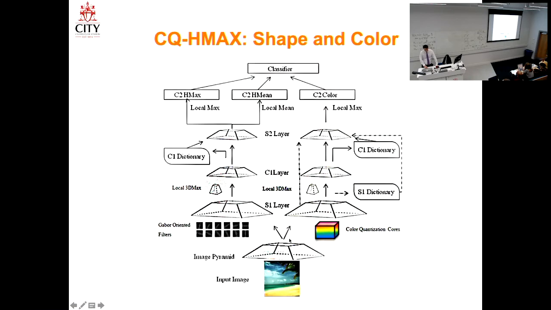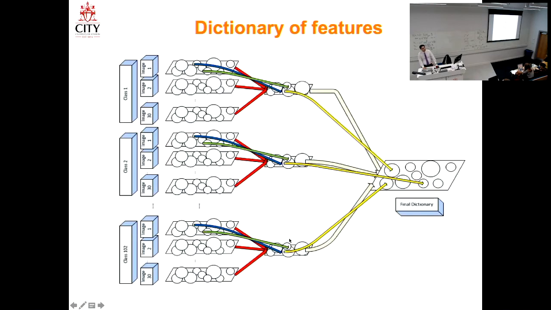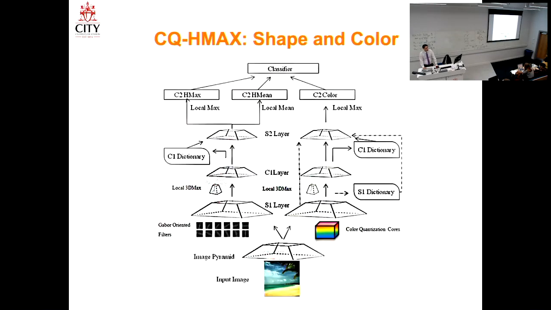One of the things that I did was, apart from testing all different models for creating that dictionary of features and comparing them, I also extracted colors, created something called quantization cores, or I called my model color quantization HMAX. And then I did find the dominant colors in each area, and then created the same architecture here and created another vector.